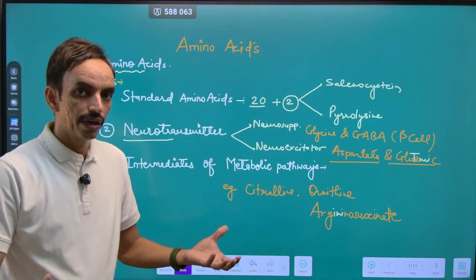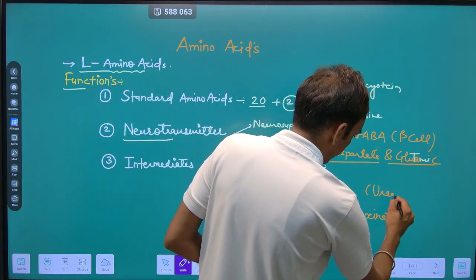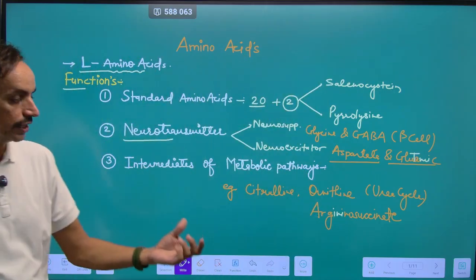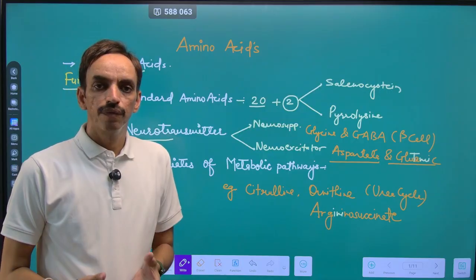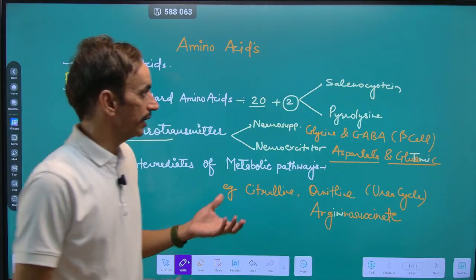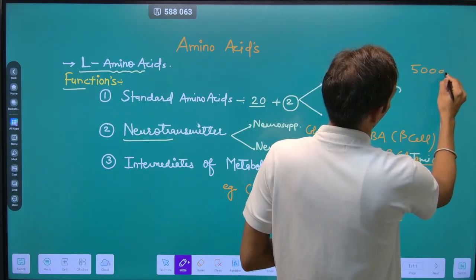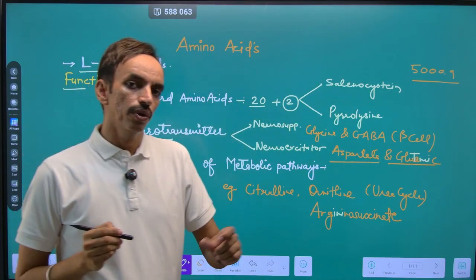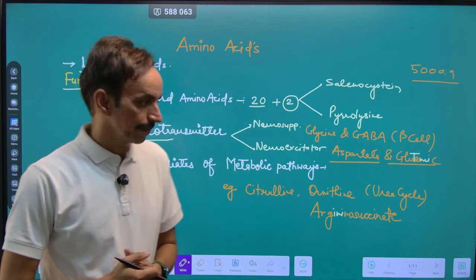These are all intermediates of a pathway called the urea cycle. So these are also amino acids, but they are not standard amino acids. They are intermediates of metabolic pathways. So we can say there are more than 500 types of amino acids known, out of which only 22 are standard, which are added during the process of translation and used in protein synthesis.